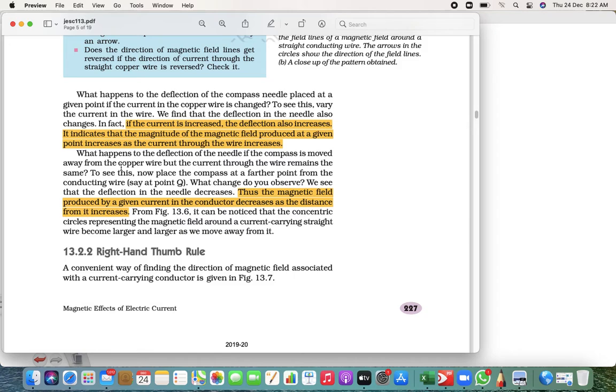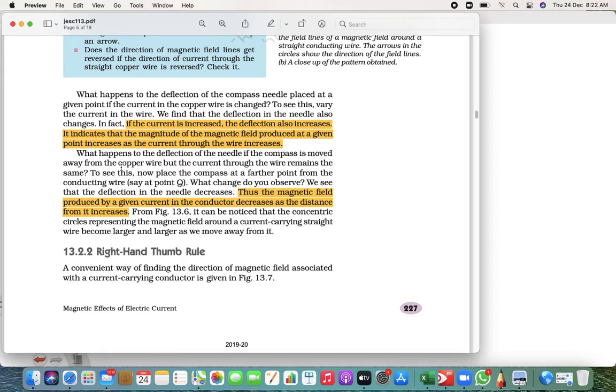So what have we learned? Finally we know that there is a relation between current and the magnetic field. A current carrying wire can produce a magnetic field, and that magnetic field is in the form of concentric circles.